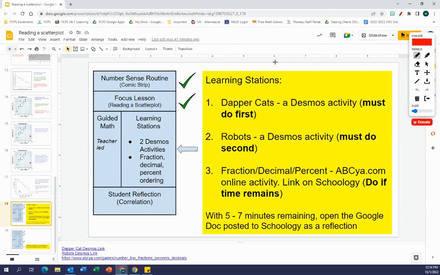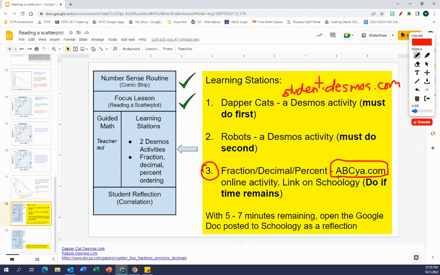So just as a reminder, you go to student.desmos.com. I'm going to jot that up here, student.desmos.com. When you get there, you do Dapper Cats followed by Robots. Once you've finished those 2, if there is still time left in class, I want you to practice your fraction decimal percent conversion on a website called abcya.com.